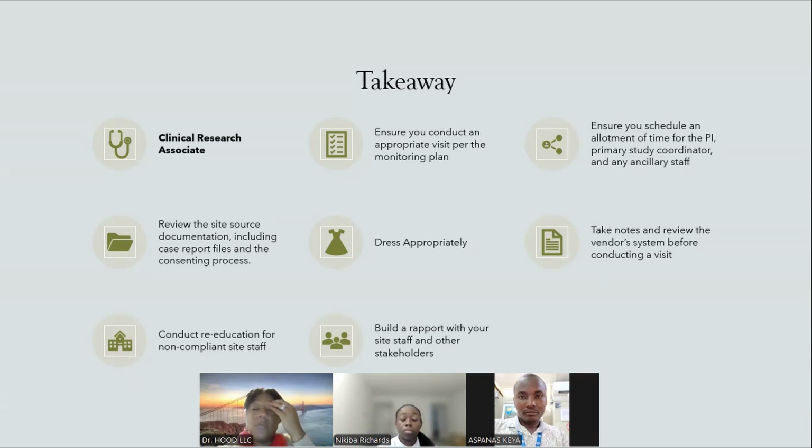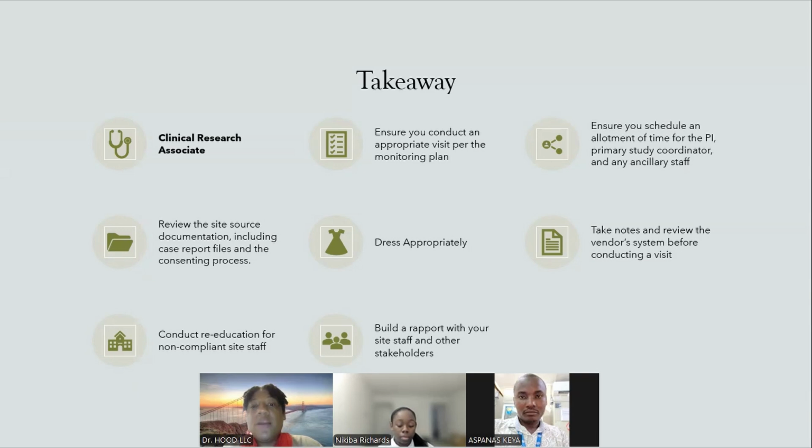You won't necessarily talk to the PI in that situation. Your person of contact is the head unblinded person. It can be a pharmacist, it can be a nurse, it can be a study coordinator. Whoever is in charge, they'll be the person that you relay any overall issues to. Review the site source documentation, including case report files and the consenting process.